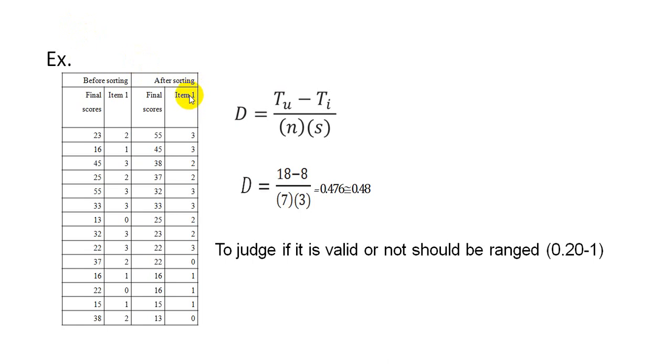With item 1 we have the number of students. Here I have 14 students with scores 23, 2 with item number 1, 16, 1 with item number 1, 45, 3, 25, 2, 55, 3.